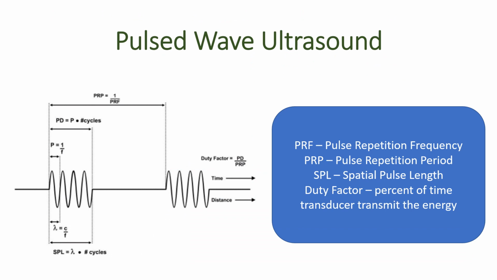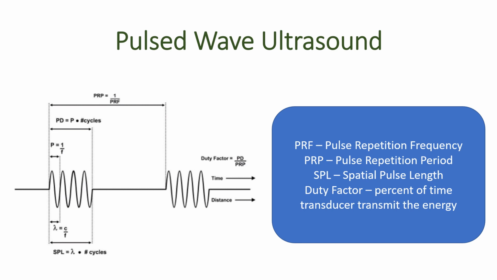Diagnostic ultrasound systems use pulsed waves, emitting short pulses of the ultrasound at a certain frequency, called pulse repetition frequency. Therefore, there are two sets of physical parameters of the ultrasound.